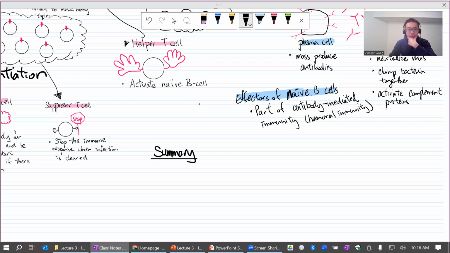So summary. If you have the naive T cell, you are gonna need an APC, like a macrophage, to activate it. And then you will get all the cells that we talk about.